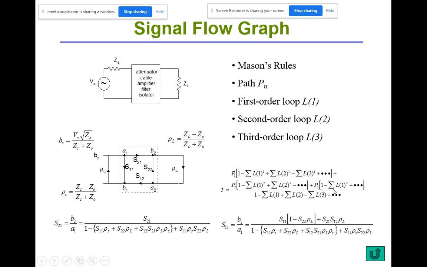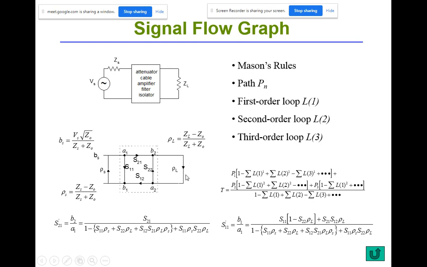What is the denominator? The denominator is supposed to be 1 minus the sum of first order loop. So this is the sum of the first order loop. I have 1 minus. What are the first order loops? I have S11 times rho S. This is one first order loop.